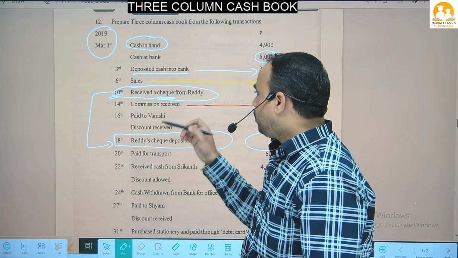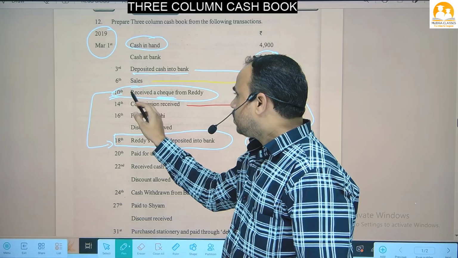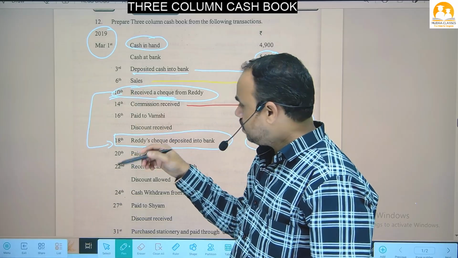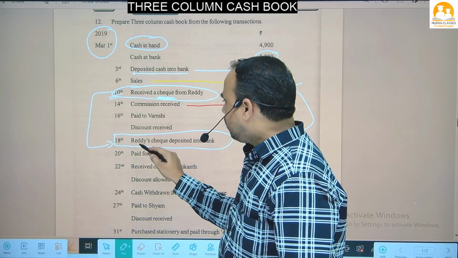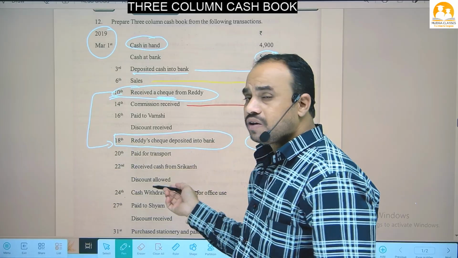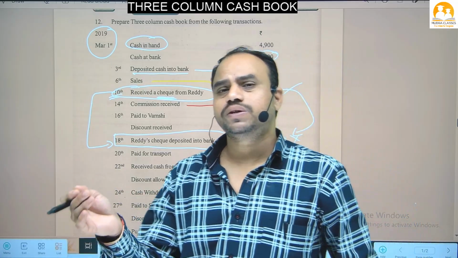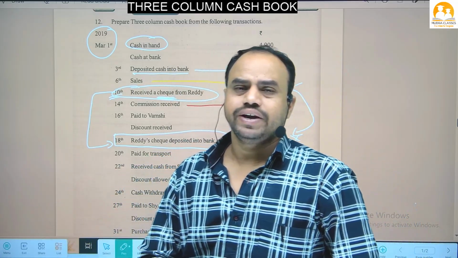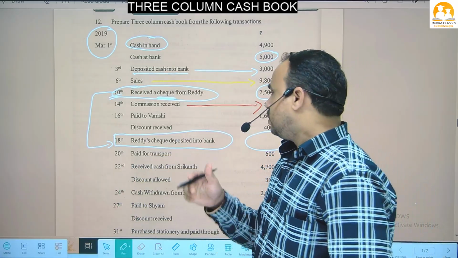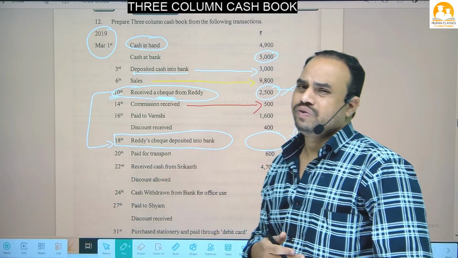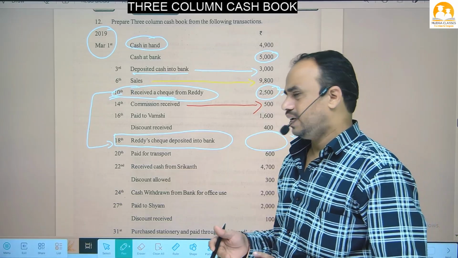Now on 10th date you assumed that we received cash from Reddy. Similarly, on 18th date, when the Reddy check is deposited into the bank, once again we have to assume that we are not depositing a check in the bank, we are depositing cash in the bank. When cash is deposited into the bank, that is a contra entry, you know very well. So in two ways we can understand.